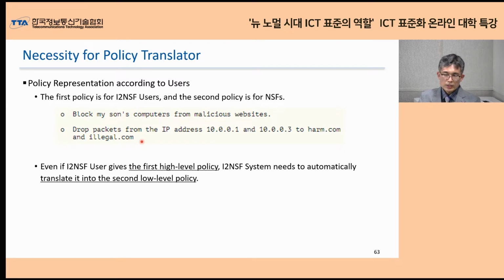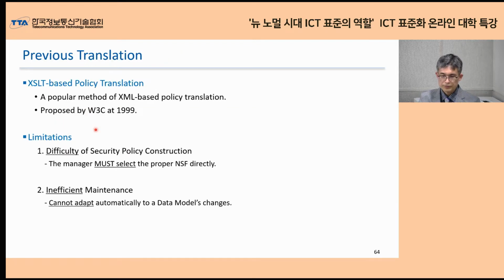So specification of high-level policy is more convenient for the user or administrator, but actual security enforcement is based on specific IP addresses and specific URLs. The question is how to translate from high-level policy into low-level policy.